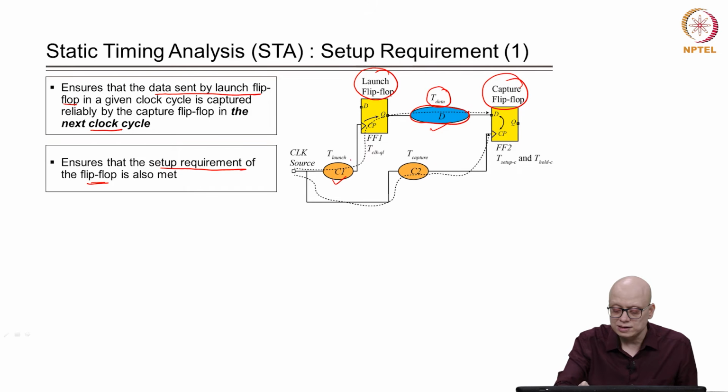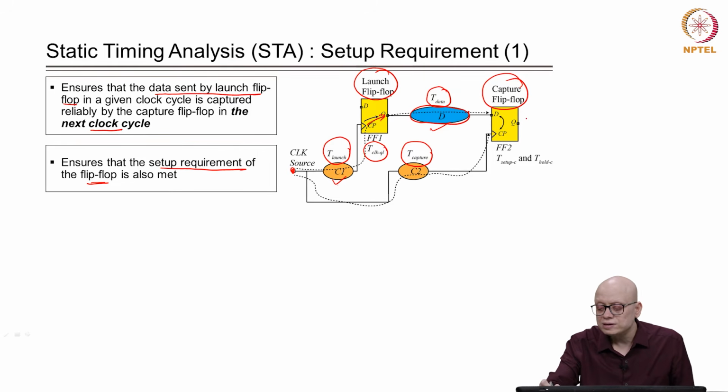The delay of the element C1 is T launch and the delay of the element C2 is T capture, okay. Then let us assume that the clock is generated at this clock source, and the clock to Q delay of this flip flop is T clock QL, and the setup and hold time at the capture flip flop are T setup and T hold, right.